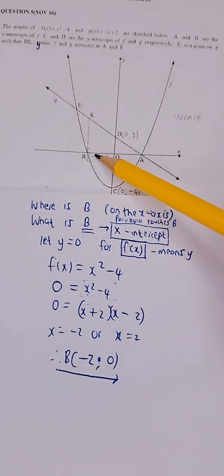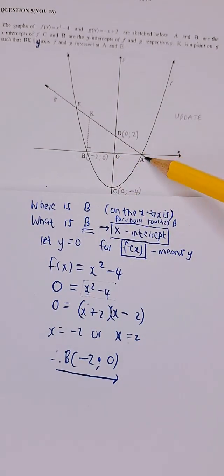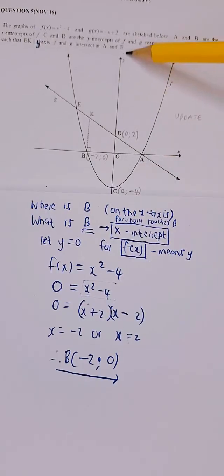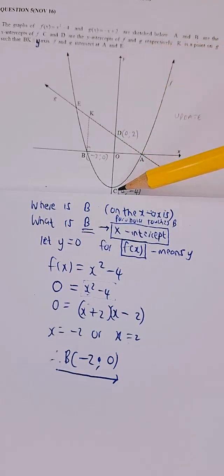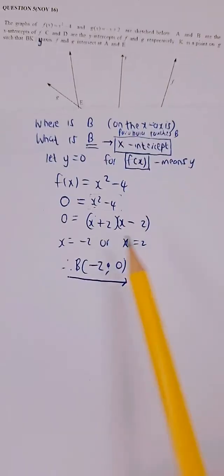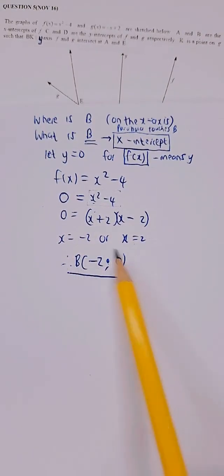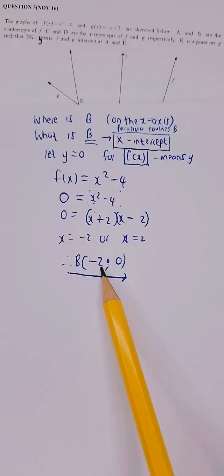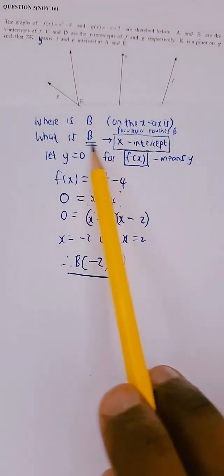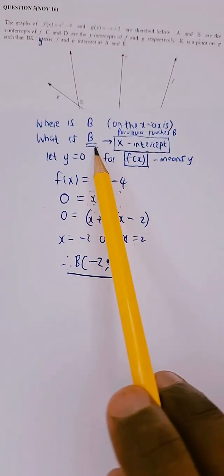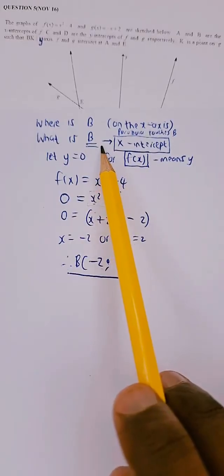So the negative 2 is here. The 2 would belong to A, because as I said, guys, the y-axis in grade 10 is where our parabola is always symmetrical. So I write these two answers, but I go ahead and conclude about the coordinate of B.